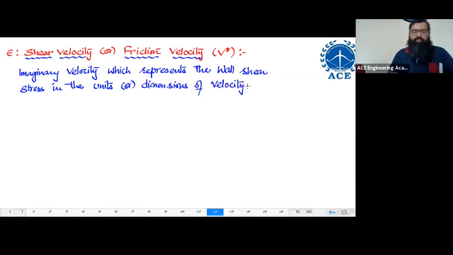First of all, it is imaginary. Shear velocity or friction velocity is not a real velocity. It is actually the measure of wall shear stress in the dimensions of velocity.